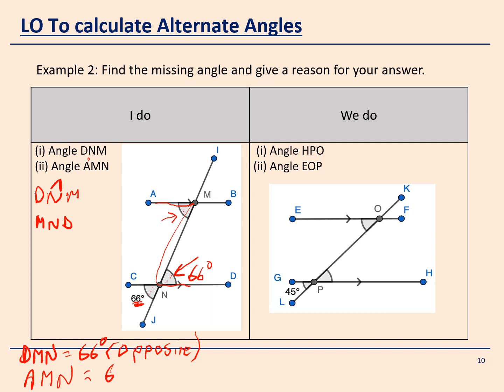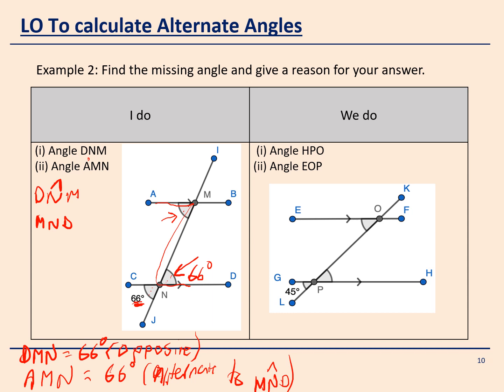So that means that AMN is also 66 degrees, and it's alternate to MND. Okay, so you pause the video and try the next question.